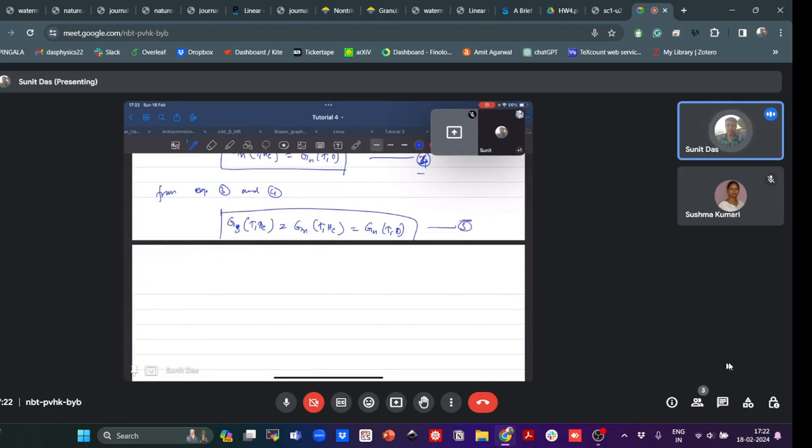So the Gibbs free energy for a superconductor at the critical magnetic field is equal to the normal metal's Gibbs free energy at the superconducting transition magnetic field, which is again equal to the normal metal's Gibbs free energy at zero magnetic field.